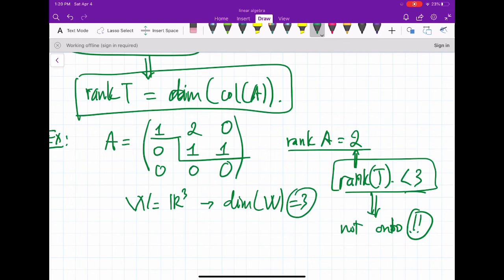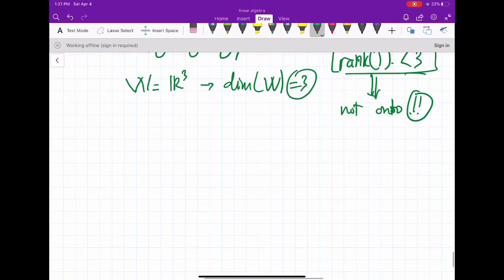All right, so I think that is enough for today. So now we have to talk about isomorphism.